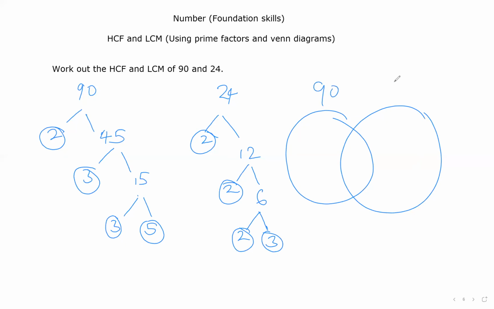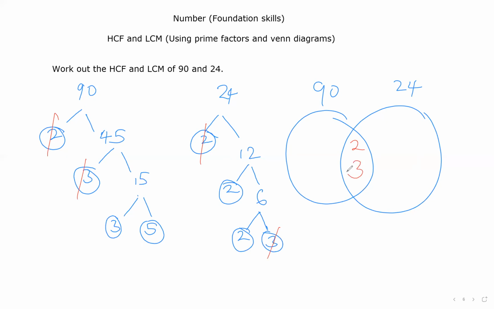90, 24. So we're going to start canceling. Okay, so what's common? 2 and 2. I'm going to write the 1, 2 there. No common 2s again. There's 3 and 3. I'm going to write the 1, 3 there.